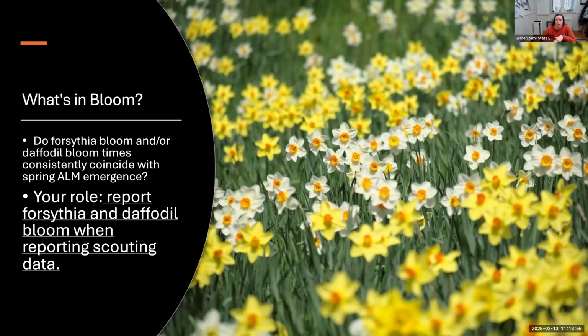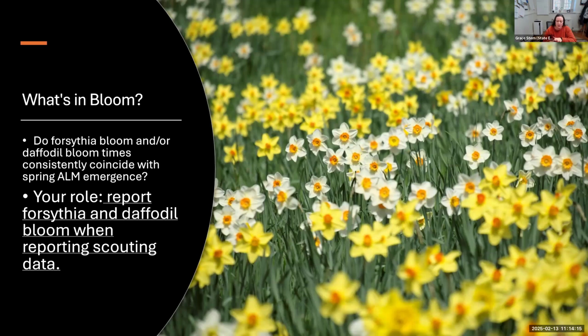There's a possibility that they don't coincide, and that's okay, but we want to know for sure. So there's a really easy way to say, oh, our daffodils are blooming, and that must mean that Allium Leafminer is 1 week away, 2 weeks away, whatever that might be.